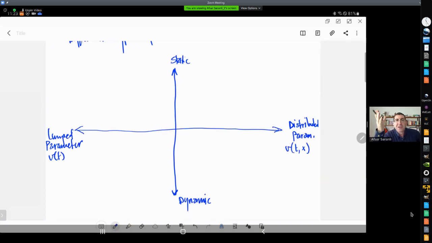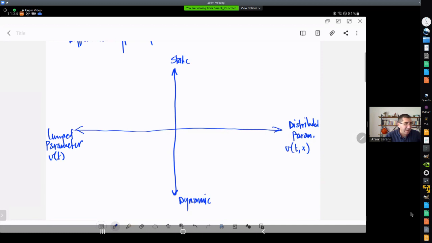The voltage across a transmission line is a function of time and is also a function of where you measure the voltage across the transmission line. Distributed parameter models will be something new that we will discuss in this course. But up to now, both in 302 as well as in circuit theory, you often dealt with lumped parameter models. Okay.